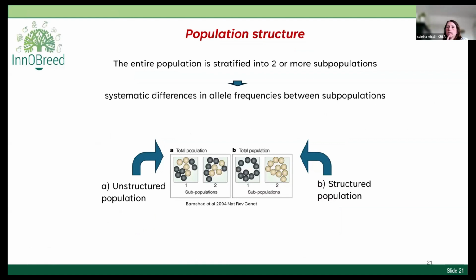This was the hint for the presence of population structure in our germplasm.